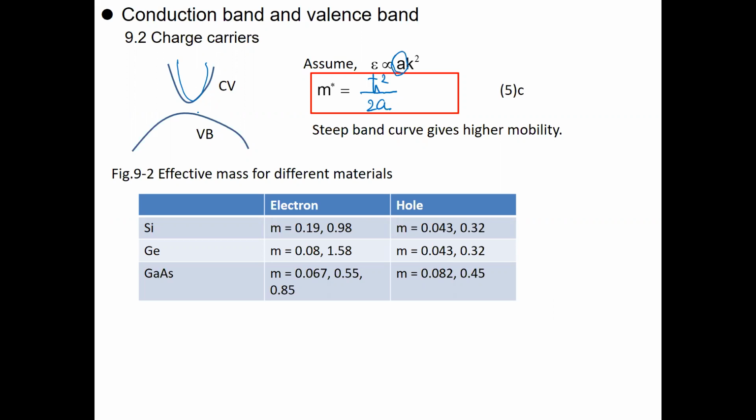In this case, a is larger and m is smaller, so it is easy to move around. But if the curvature is more shallow, like this, a is smaller and m is bigger, meaning the charge cannot move around so much.